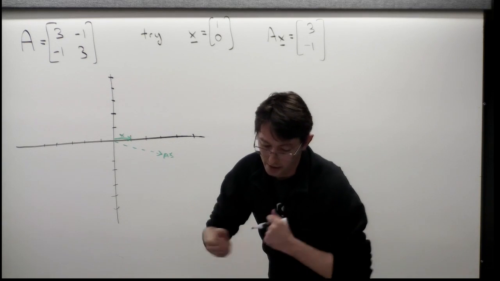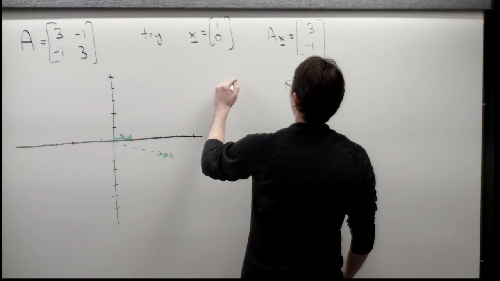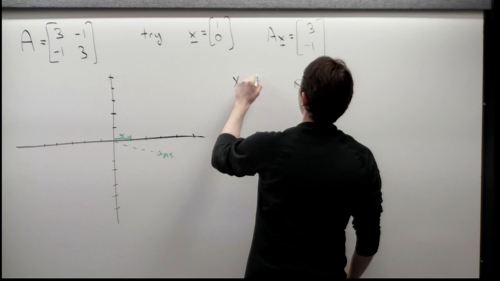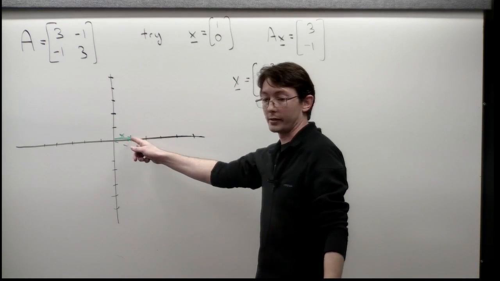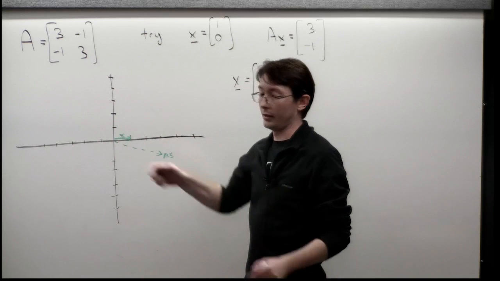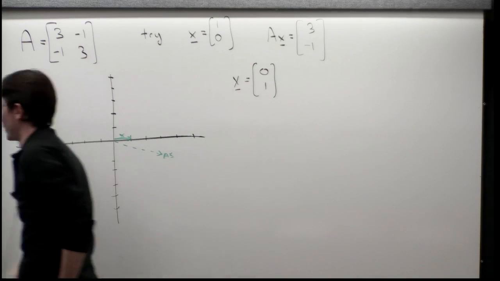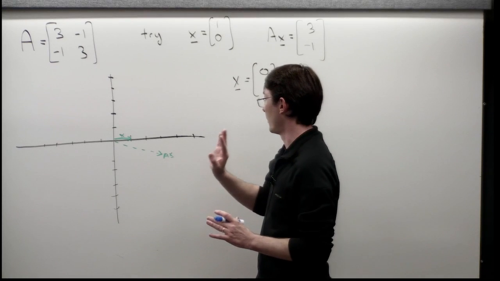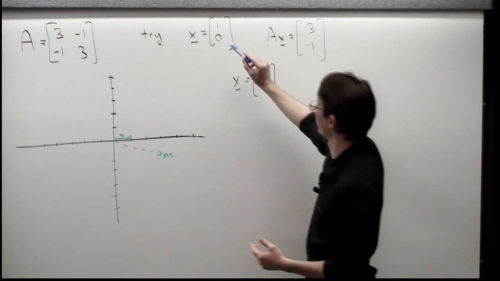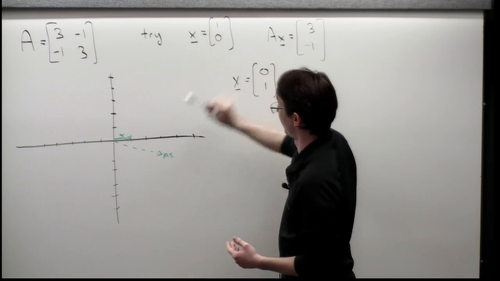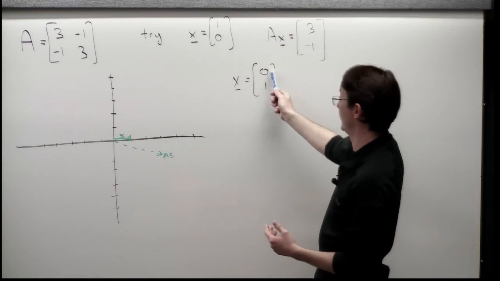All right, let's try a different vector. Let's try x equals 0, 1. Now instead of going 1 in this direction, we're going to go 1 in the vertical direction. I'm going to use a different color for that. The first vector was 1, 0. Now we're going to try 0, 1.